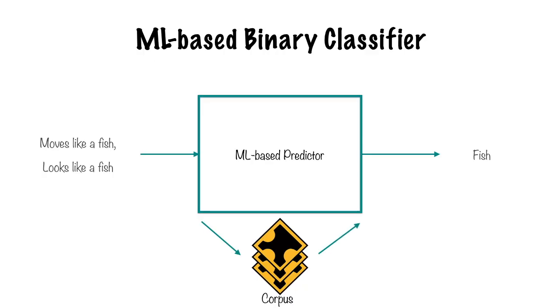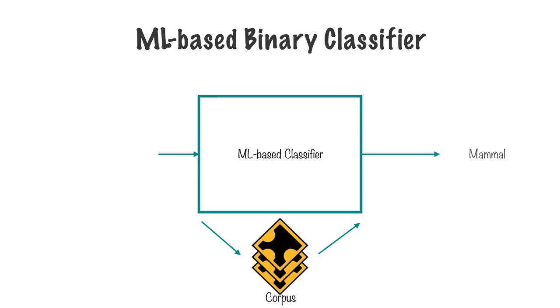Not only does that corpus have to be large, representative, and well labeled, it also should focus on the right attributes. So we are better off telling our classifier that this is an animal which breathes like a mammal and gives birth like a mammal. If we do all of this, we will hopefully get the correct answer that whales are indeed mammals. In any case, this was just a quick refresher of how machine learning and rule based classifiers differ.